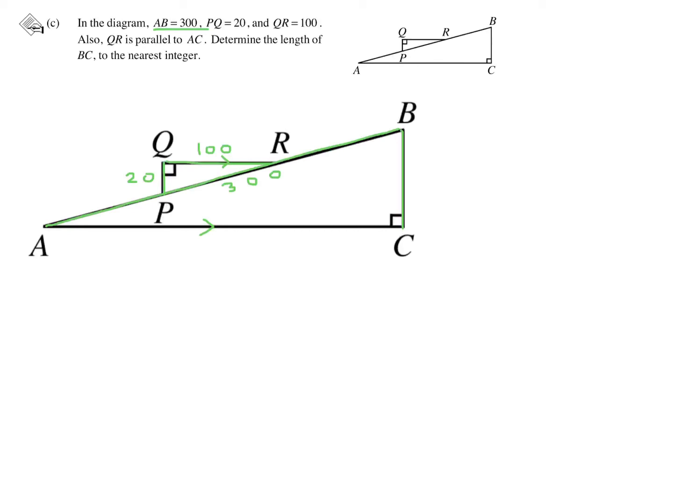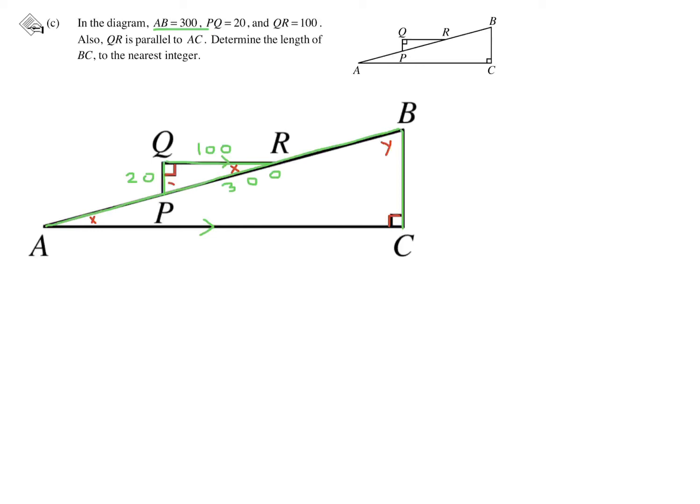These are parallel, so that means that if you drew a Z pattern like this, that would make this angle the same as that angle. So I'll put an x in there to denote that angle, and therefore that is also x. And both of these triangles have 90 degrees there, and therefore the third angle of both triangles must be the same.